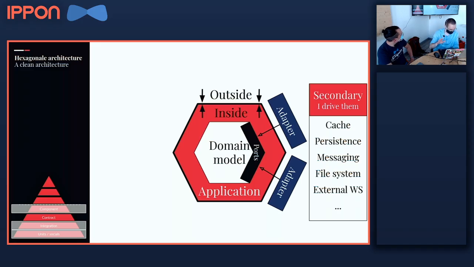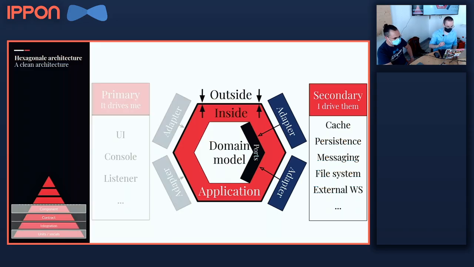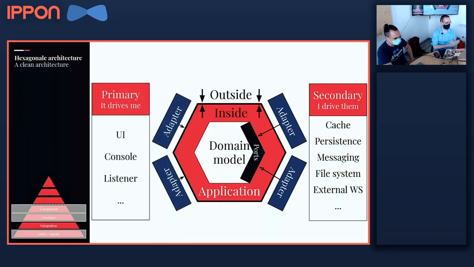To start, to discover what I really need as a repository implementation, that's totally okay. So I have my adapter, in-memory game repository. Secondary is for what my application drives. I put in secondary ports and adapters what my application drives: cache, persistence, messaging, file system, other web services. What do I drive? Okay. And on the left side, the primary side, I have what drives me.